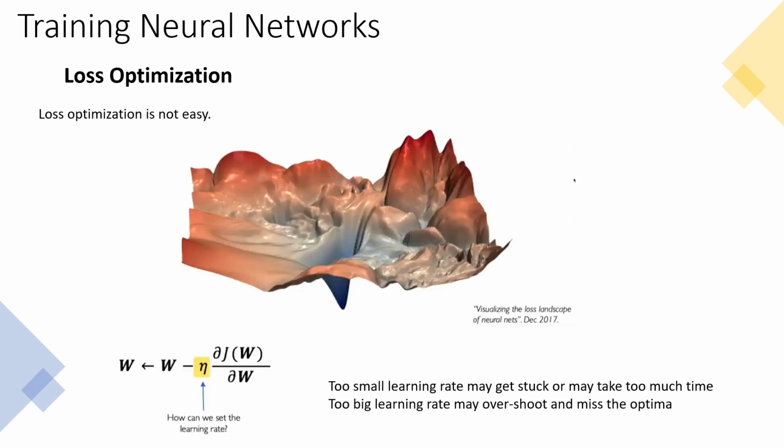The training is easier and takes less time, but it's quite likely that with too big a learning rate, you may miss the global minima. So that's one thing you should remember as well. If you use too small a learning rate, you can either get stuck at a local minima or it may take too much time. If you use too big a learning rate, you may overshoot and miss the optimum point.